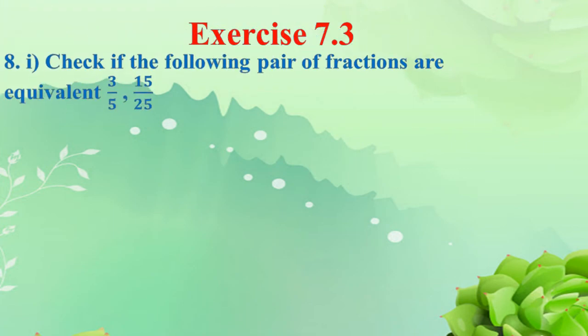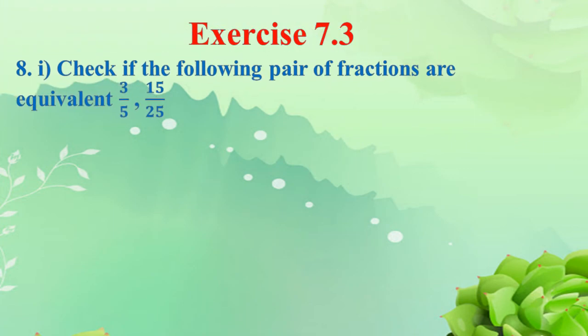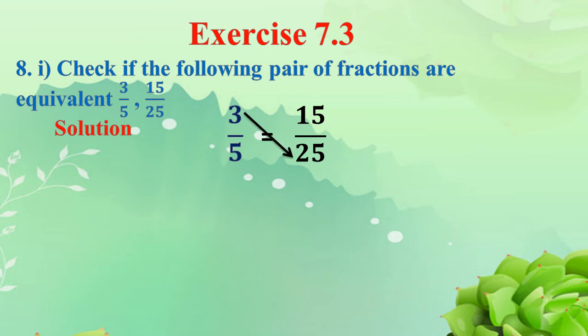Now check if the following pair of fractions are equivalent. That is given 3 by 5 and 15 by 25. So write it, 3 by 5 equal to 15 by 25. As you know that formula, first numerator into second denominator. Yes, we are going to multiply these two. 3 25s are 75.